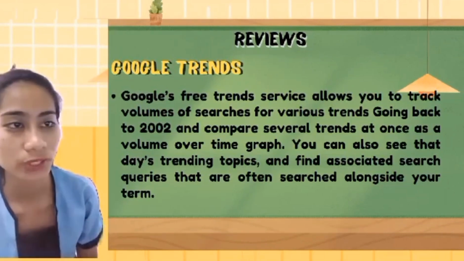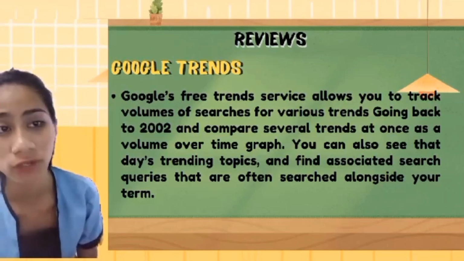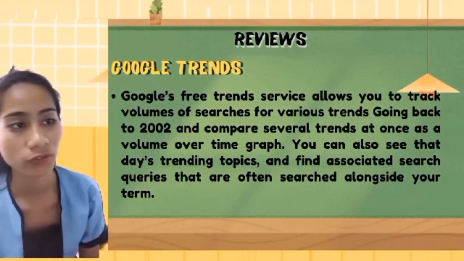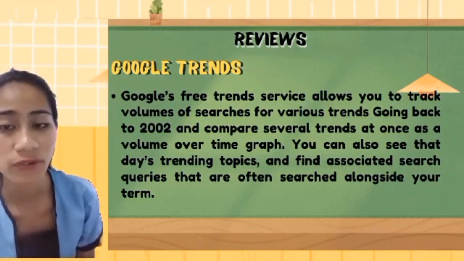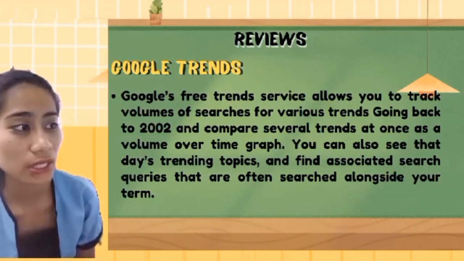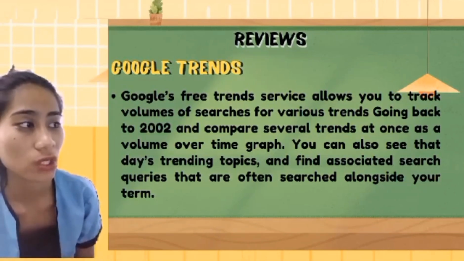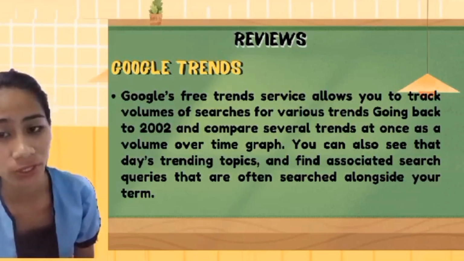Next one, we have Google Trends. The free Google Trends service allows you to track volumes of searches for various trends going back to 2002. Google Trends is a free tool that lets you see how often people search for specific topics over time.